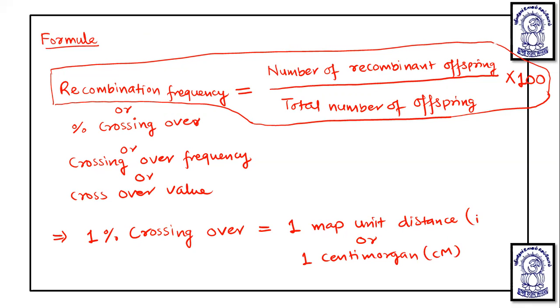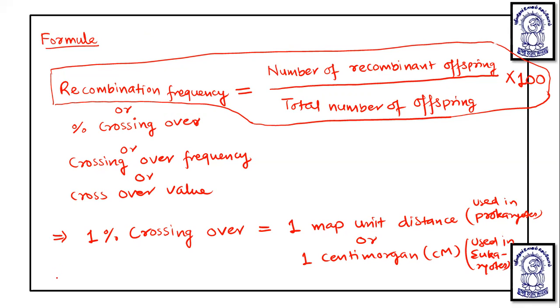This map unit is used in case of prokaryotes, and centimorgan is used in eukaryotes. So 1% crossing over is equal to 1 map unit or 1 centimorgan distance.